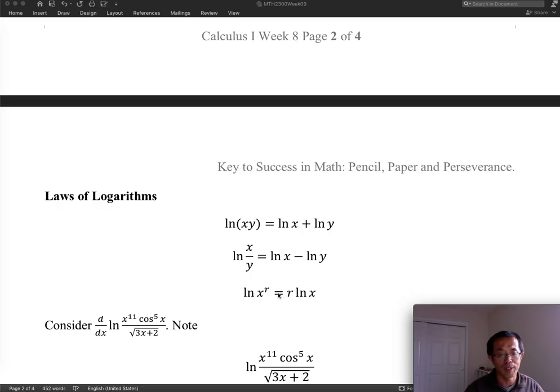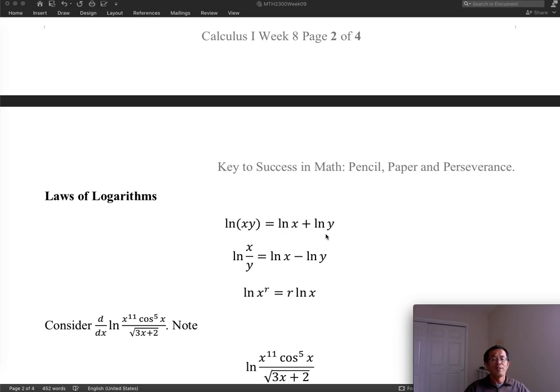In particular, I want to take a quick look at the first two properties. Would it make sense to you? Looking at the first property, the logarithm of a product is separated into a sum of two logarithms. Would it make sense to you?